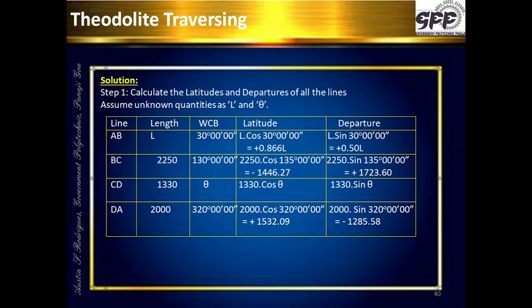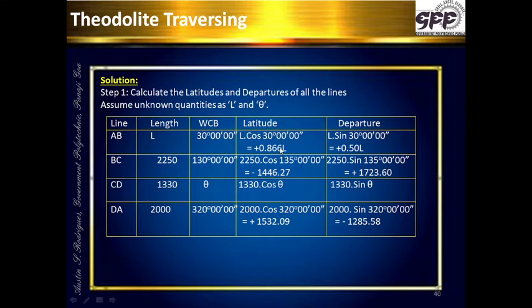Now putting in this table, for the line AB the length is L, the whole circle bearing is 30 degrees. The latitude is L cos theta, so it is L into cos of 30 degrees, which gives 0.866 L.